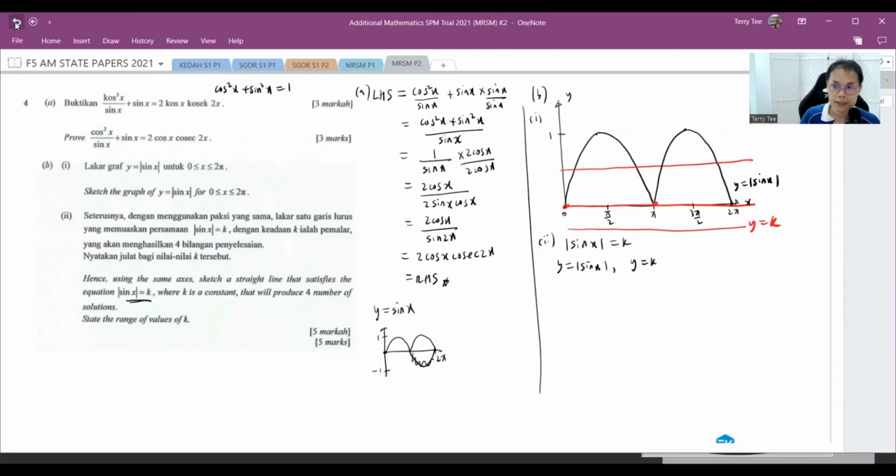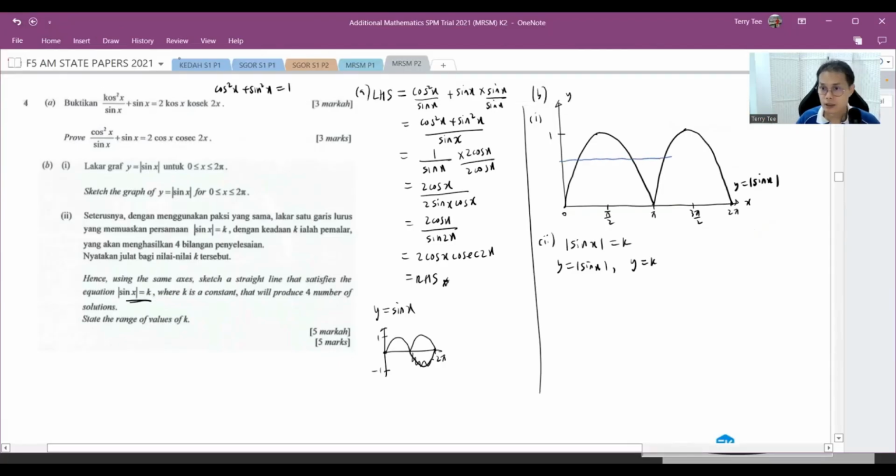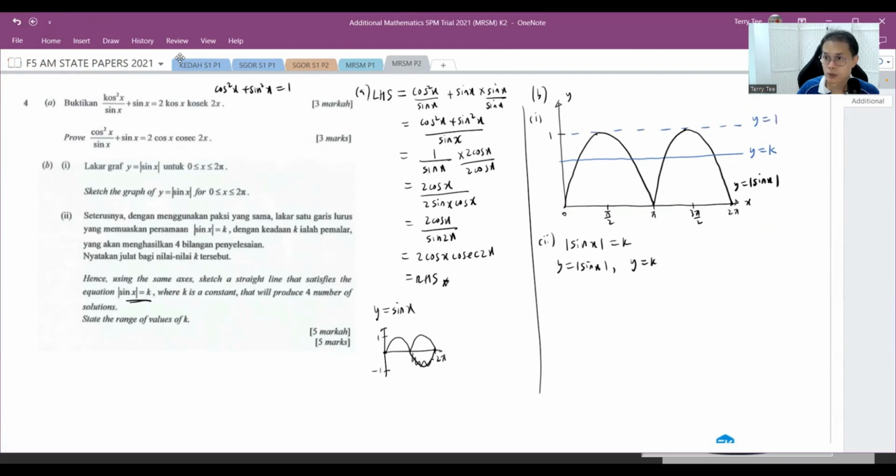So now we just have to identify where I should draw my graph in order to have 4 solutions. So I'm just going to use a blue pen instead of black. So I draw here. Yeah, your y equals k should be somewhere between 0 and 1, right? At 0, you have 3 solutions. At 1, you have 2 solutions, right? But this one, maybe I write here, y equals to 1.